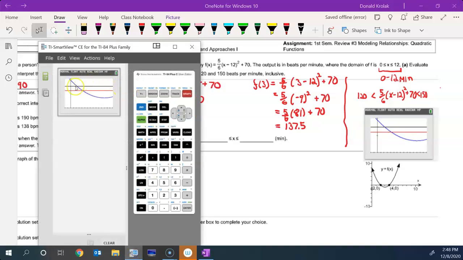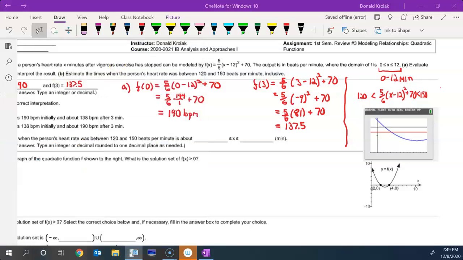All right, once I graphed it, I graphed 2 horizontal lines to represent 120 beats and 150 beats per minute. On mine, the red line is 120 and the black line is 150. And then I graphed all 3 of those together.